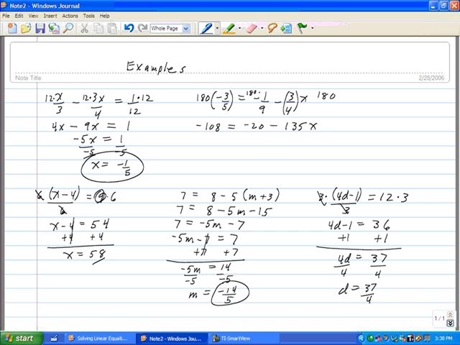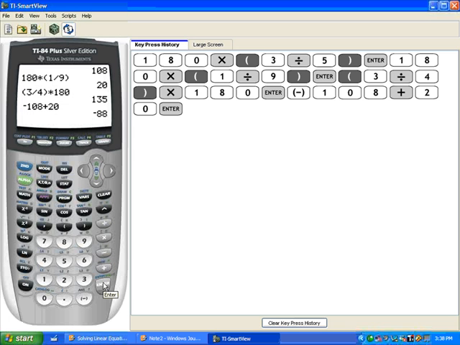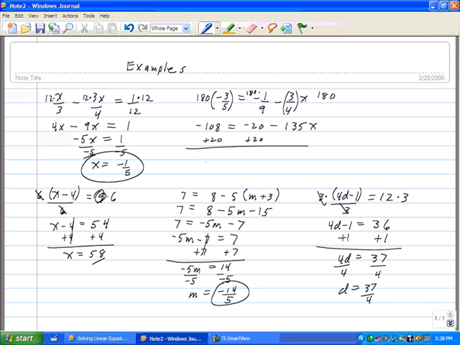Alright, so here we go. Solving for x. Add 20 to both sides. And so we have, with the calculator's help, negative 108 plus 20, which of course is negative 88. Negative 88 equaling a negative 135x.